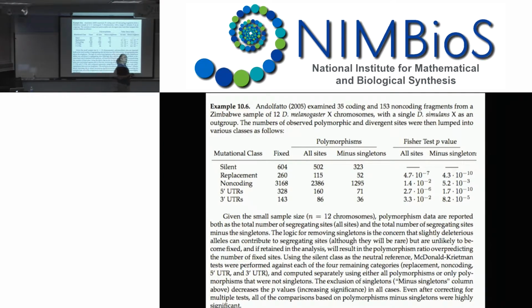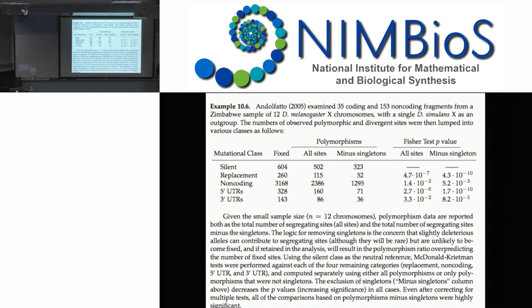The concern with a lot of the McDonald-Kreitman test is some of your polymorphisms are rare deleterious alleles which are kind of floating around and going to get knocked out of the population. They'll never contribute to fixation. But because they're around there, they basically give you an improper read of what your effectively neutral mutation is.